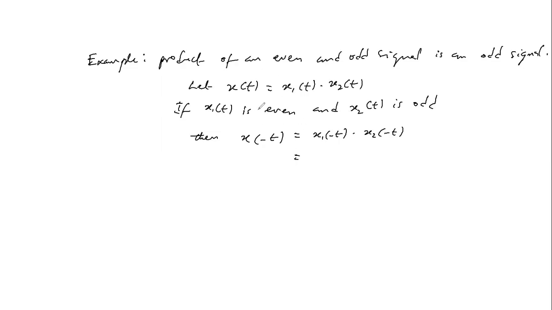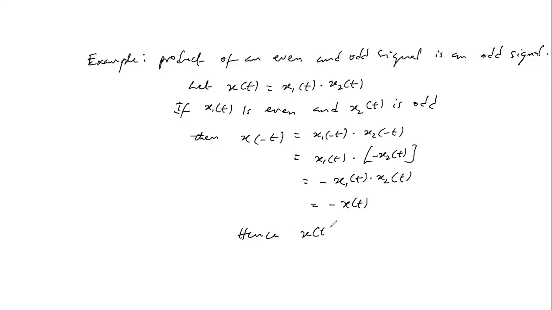Being that S1 of t is even, we have S1 of t, and performing the folding operation here, we have minus S2 of t. So here we have minus S1 of t dot S2 of t, which gives us minus S of t, such that S of t is odd.